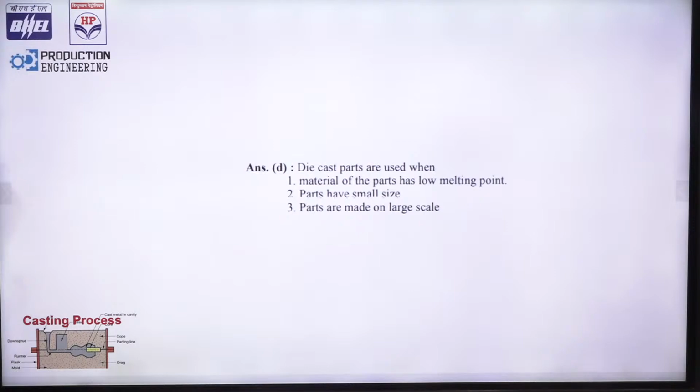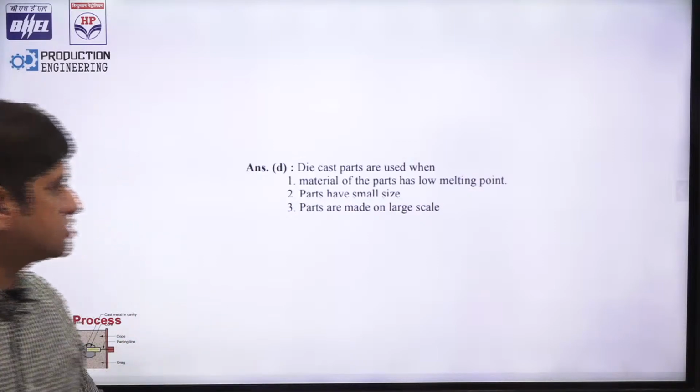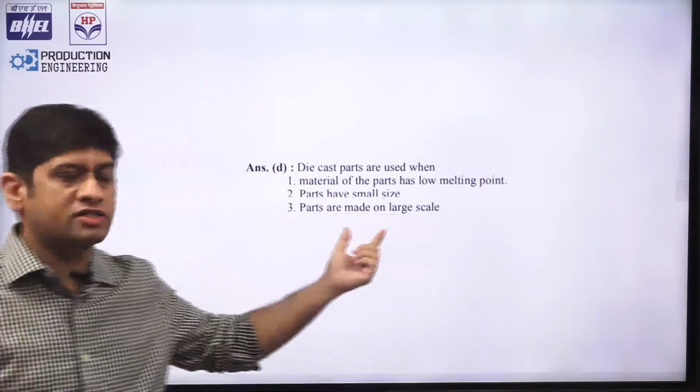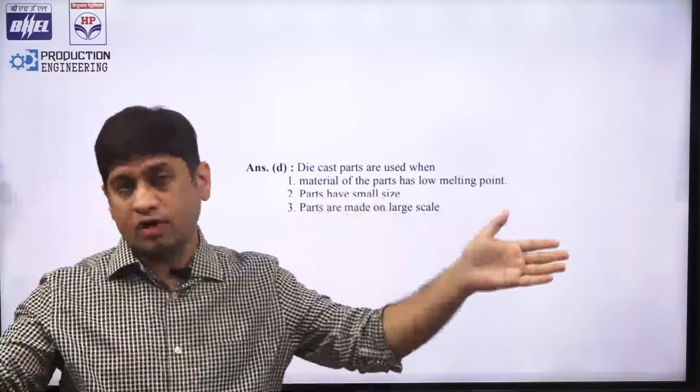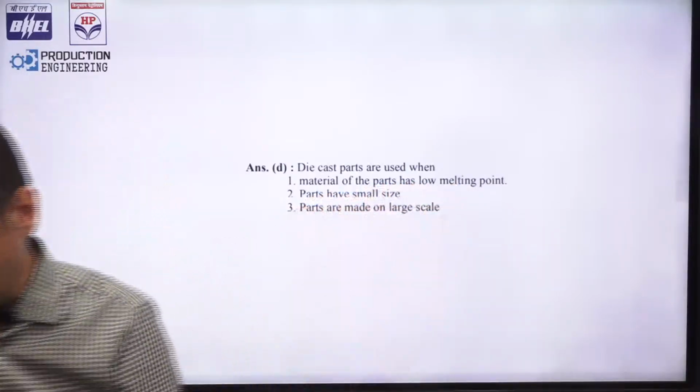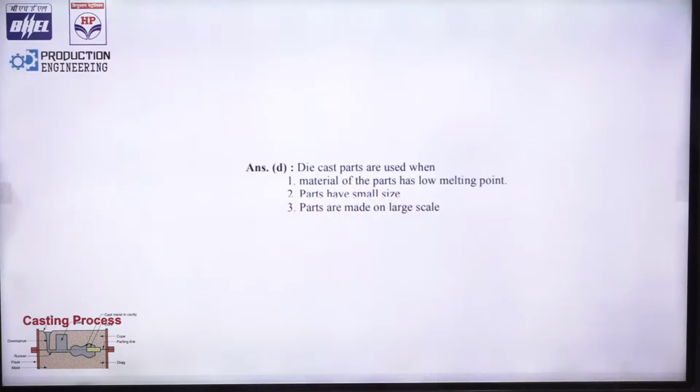You don't go for die casting in ferrous materials. You go for small size die casting, and you go for it when there is mass production. Small size means you cannot have a very big die casting. And the melting point of the molten metal you are using should not be high. That is the reason you will go for die casting.